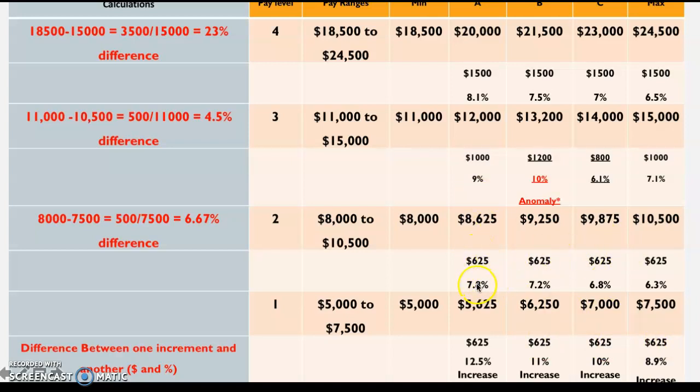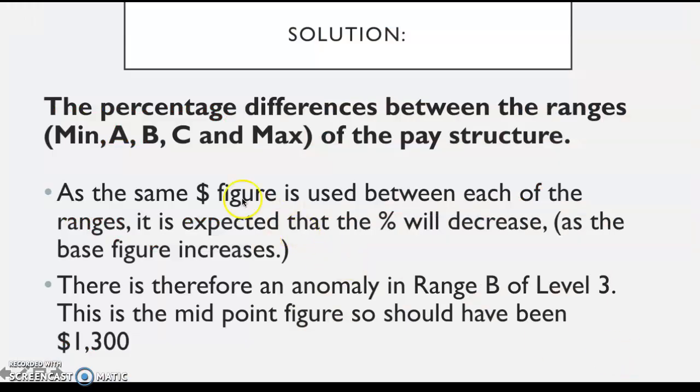Yeah, but of course, what is going to change is the percentages, because they're using a bigger base. So it goes up a 12.5 increase from here to here, but then it goes to an 11%, then 10, then just under 9. So even though it's the same dollar amount, as you go up, it's decreasing. So let's just look at that.